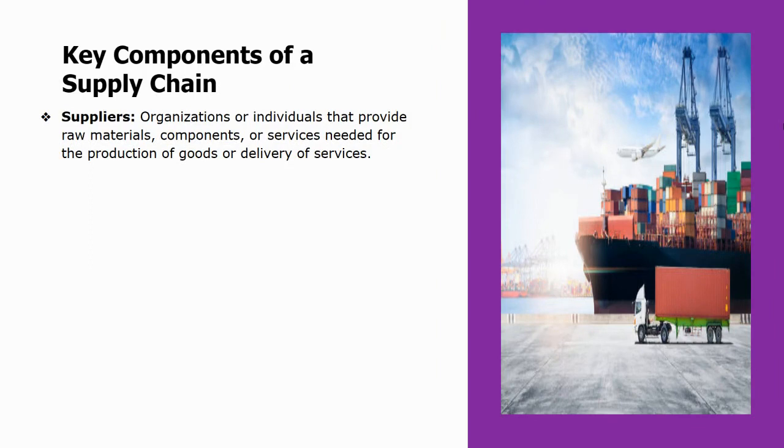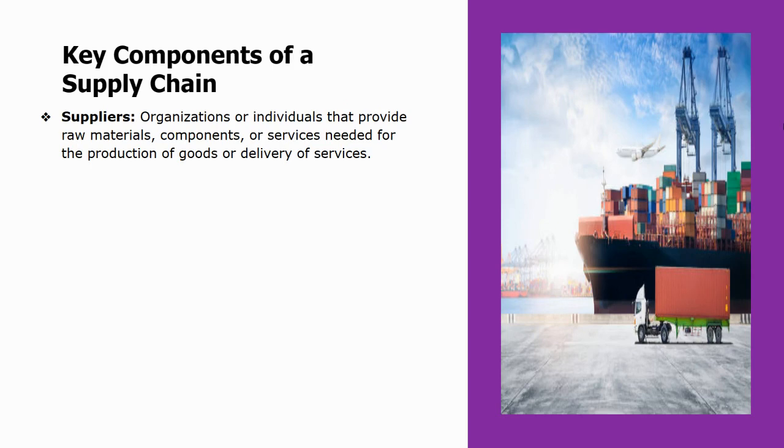Number one, suppliers. Suppliers are organizations or individuals that provide raw materials, components, or services needed for the production of goods or delivery of services. So when we talk about suppliers, who are we talking about? Suppliers could be organizations, companies, or even individuals that provide raw materials.